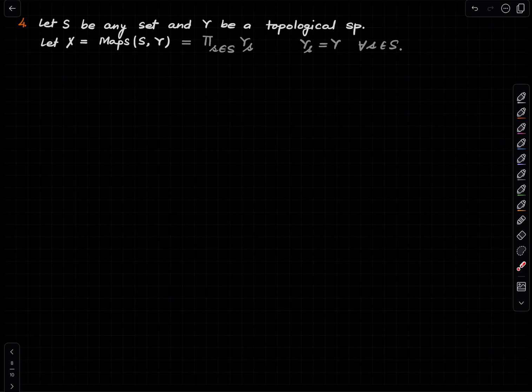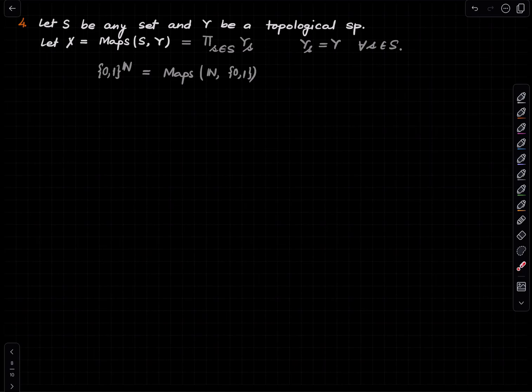I don't have anything more to say about it. It's just that the set of all the maps from a given set to a topological space can be equipped with a product topology. The examples that we saw in the previous slide were certainly of this form. The space {0,1}^N was nothing but the set of all the maps from natural numbers to {0,1}, and so on.